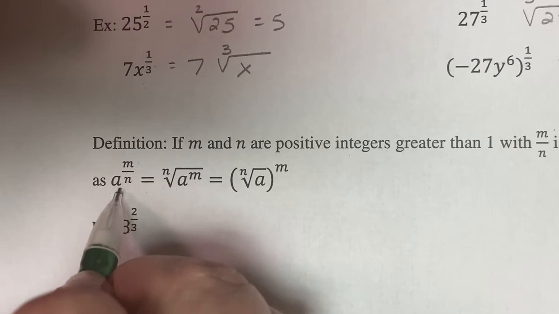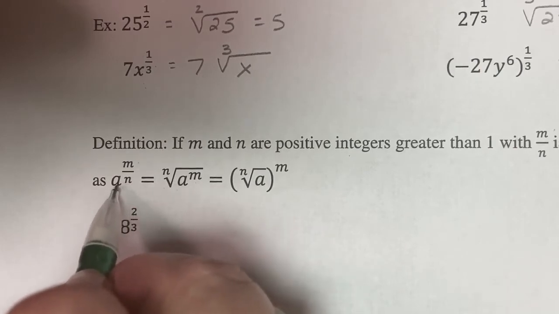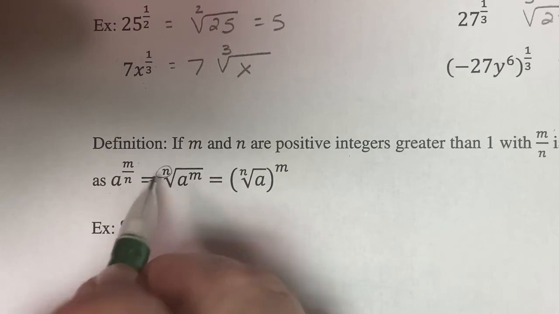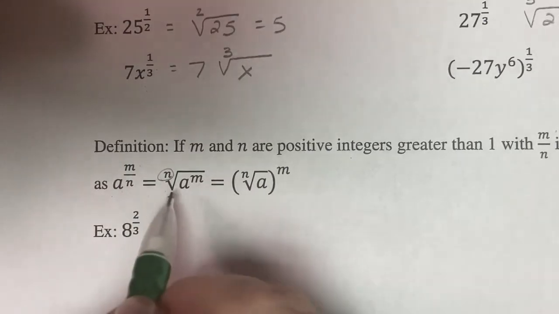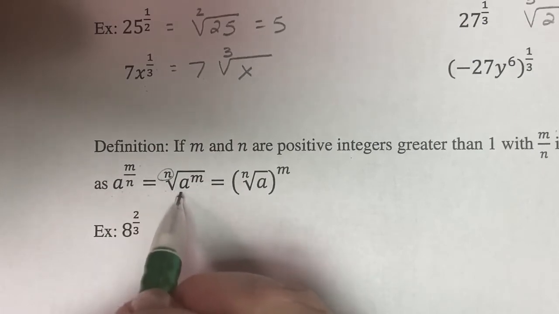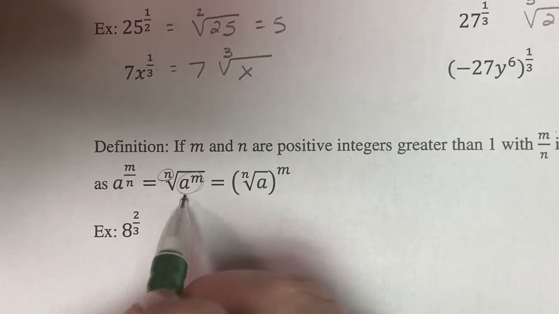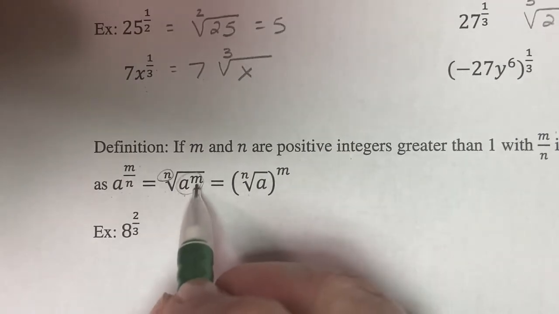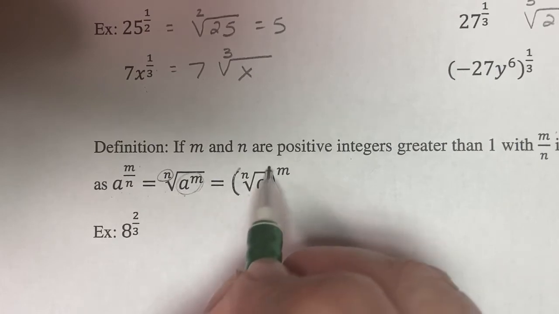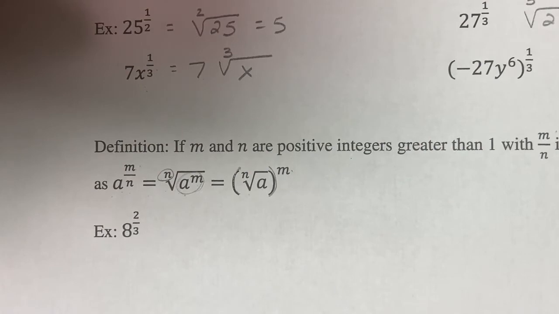When I changed this fractional exponent to a radical, the bottom number was the index again, just like it was above. And the top number of the fraction is the exponent on what's inside. And then another way you could write that is you could separate that and put the nth root of a in parentheses, and that whole thing is being raised to the m power.